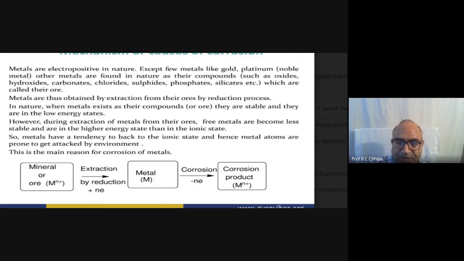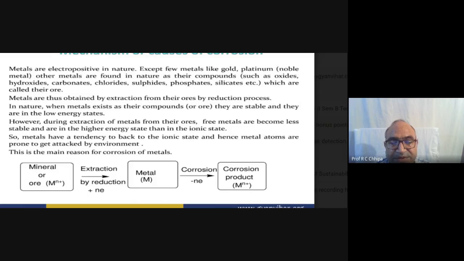Here, the different metals in the periodic table, say sodium. Sodium is present in sodium carbonate in nature. Potassium carbonate. Magnesium carbonate, magnesium oxide, magnesium phosphate. Calcium may be calcium carbonate, calcium oxide. The question is how this continuous process occurs.